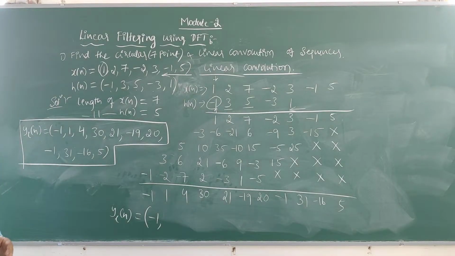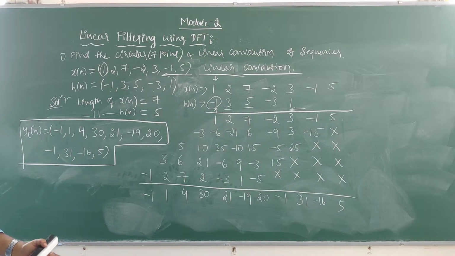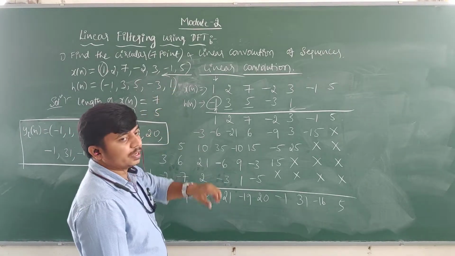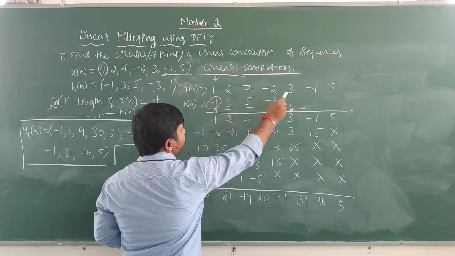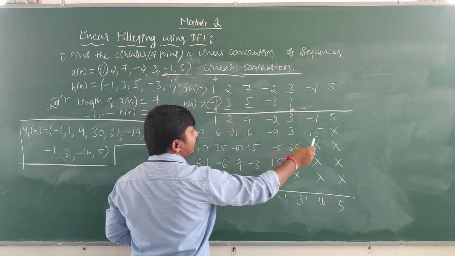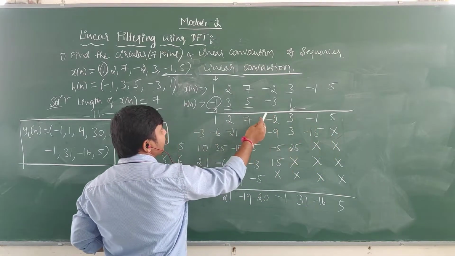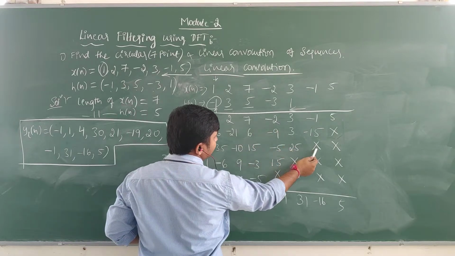So now I will perform circular convolution. I hope you have understood this. I will repeat once again. I need to take these given sequences x of n and h of n, and multiply from the right side, first element into all these. In the next step I need to leave one space at the end, then continue the multiplication. So minus 3 into the entire sequence, and again leave one more space.